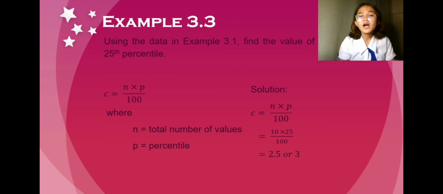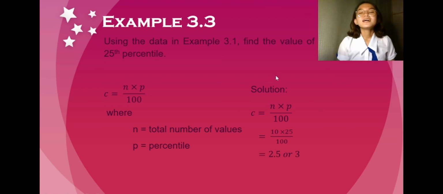So karon, find the value corresponding to the 25th percentile. So given na ang percentile, no, ang atong pangitaon na pod is value. So of course naay formula ana, where n is the number of values and p stands for percentile, and over 100, class.